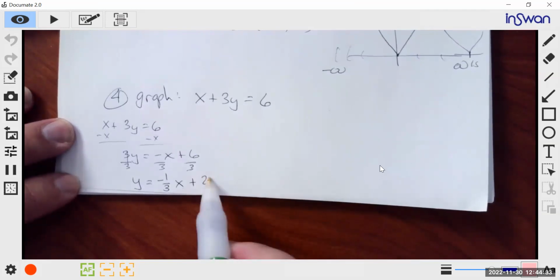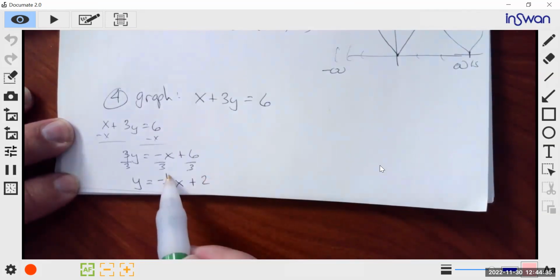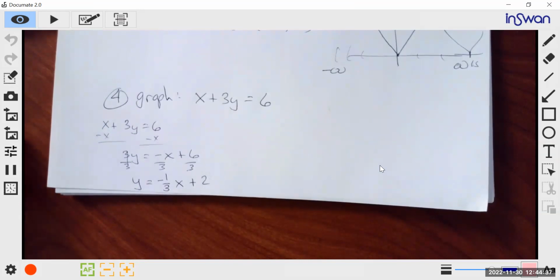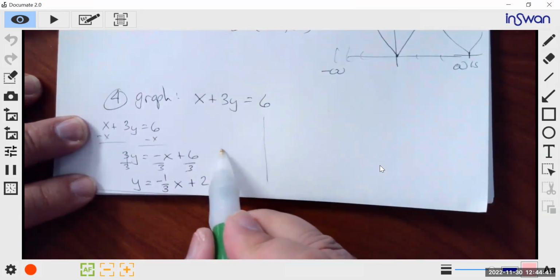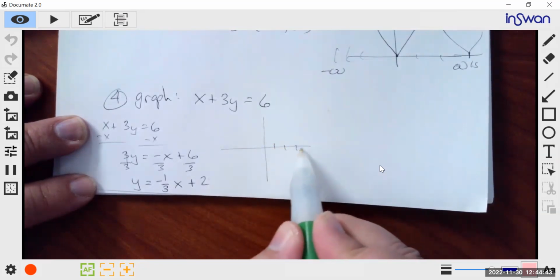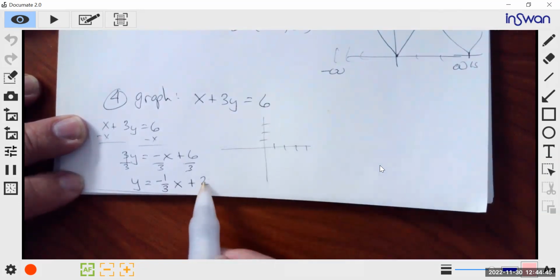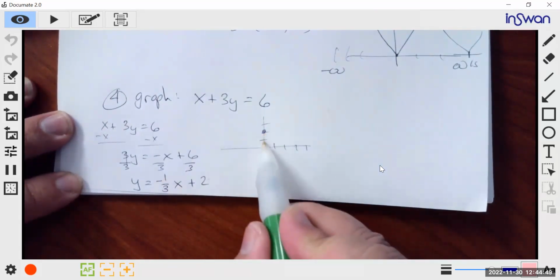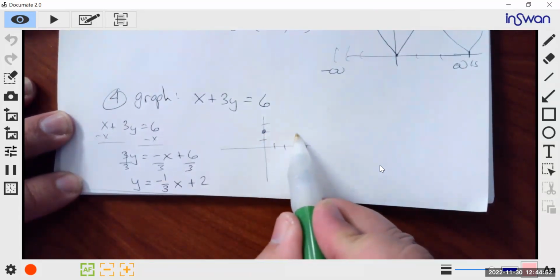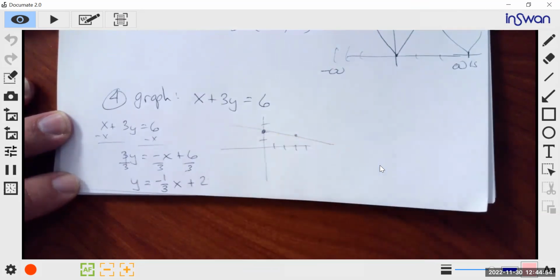So you'd plot 2, go down 1 over 3. Start at positive 2. Since it's negative, go down 1 over 3. And there's the graph.